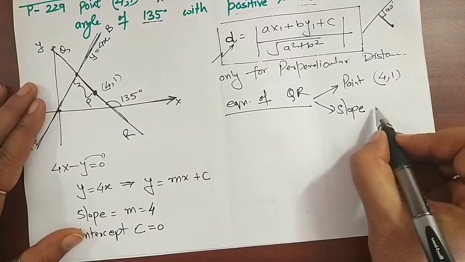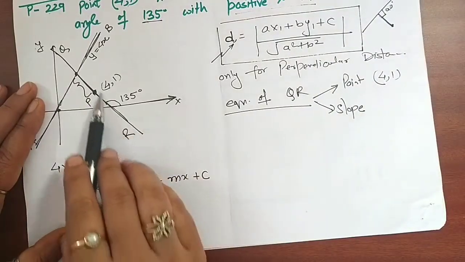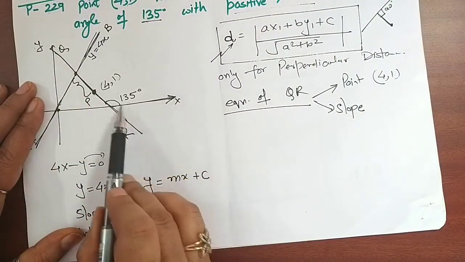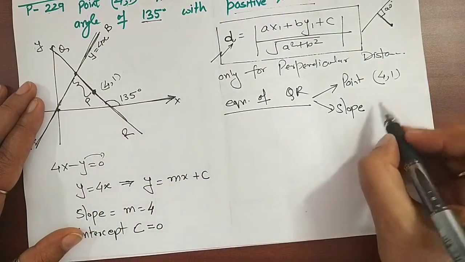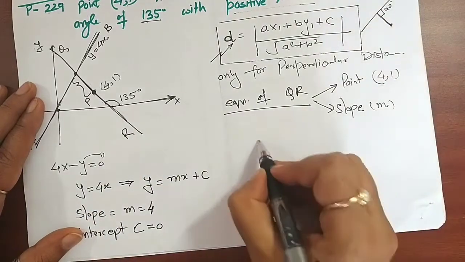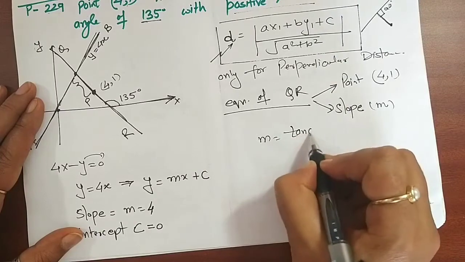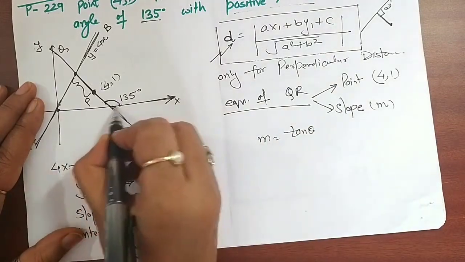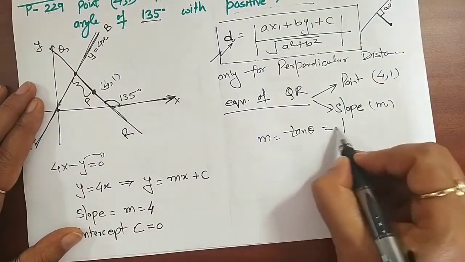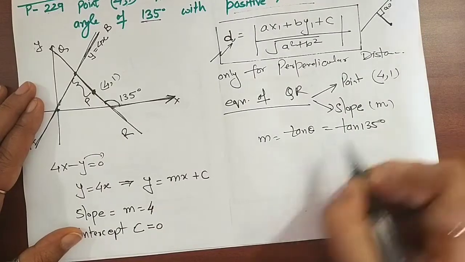And what is the slope, guys? For the slope they have given a hint that with the x-axis it is making this angle. Slope is tan theta, where theta is this angle with the x-axis. So it has to be tan 135.